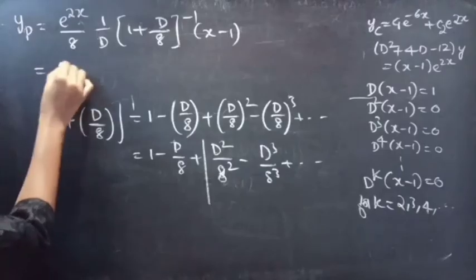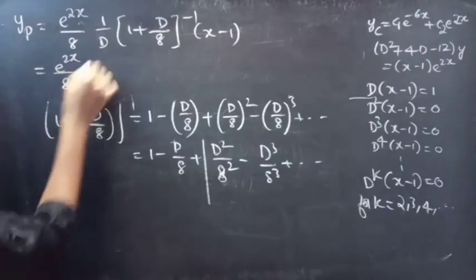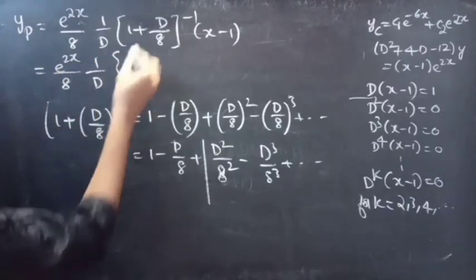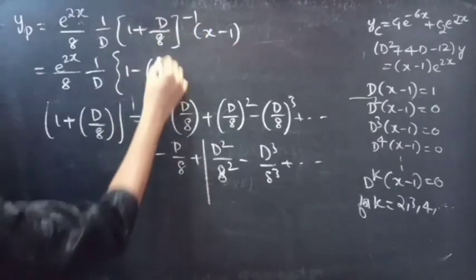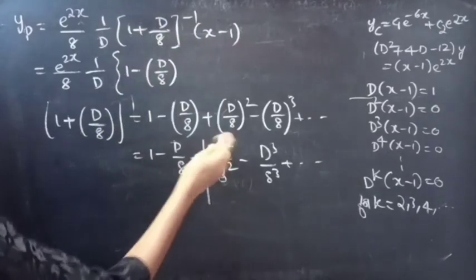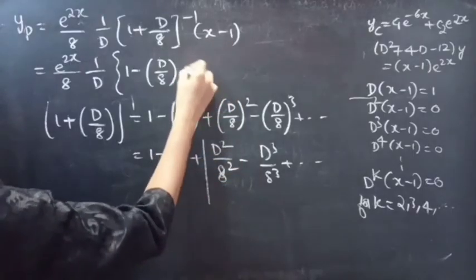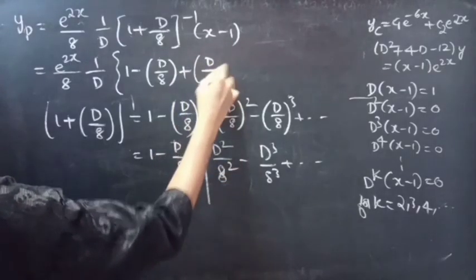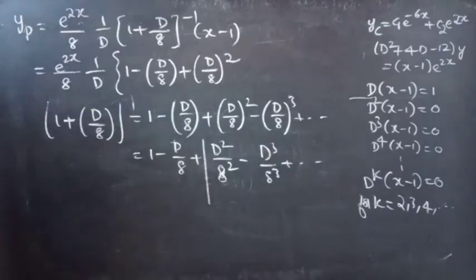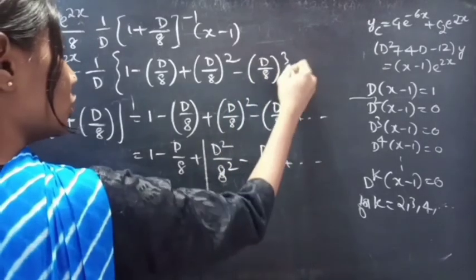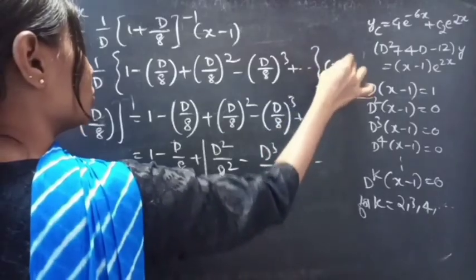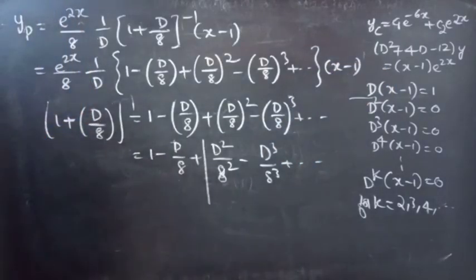yp is equal to e power 2x by 8 into 1 by D into the expansion of (1 plus D by 8) whole inverse, which is 1 minus D by 8. I'm writing this step here, plus (D by 8) whole square minus (D by 8) whole cube plus so on, into x minus 1.